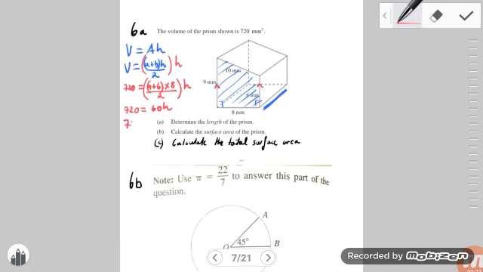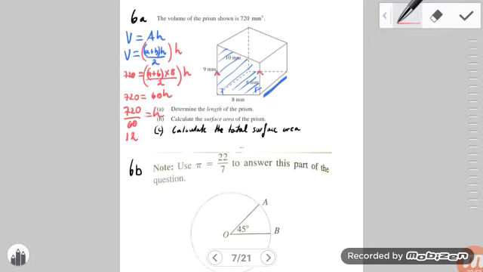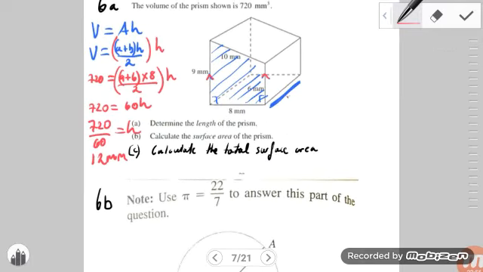And if we divide both sides by 60, then 720 divided by 60 will give us the height of the prism. So the height of this prism is 12 millimeters. Okay, so this part here is 12 millimeters.